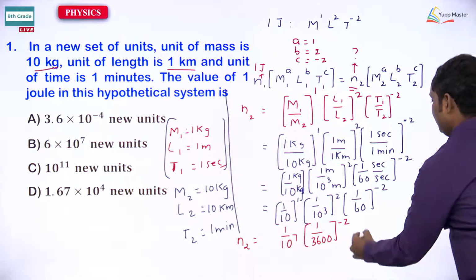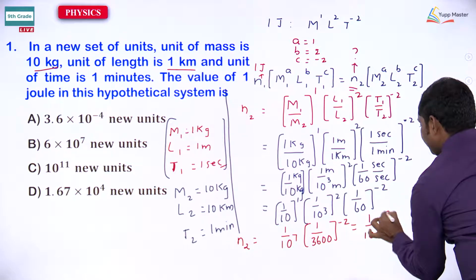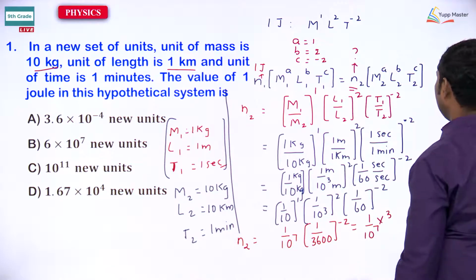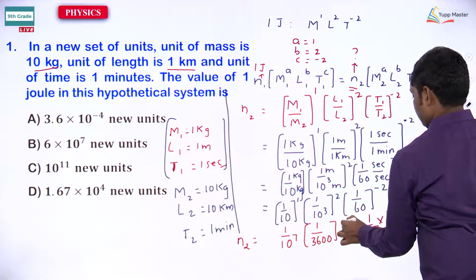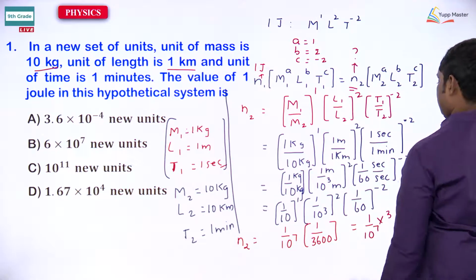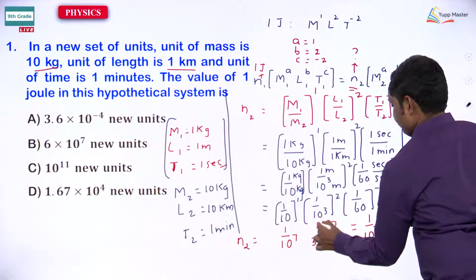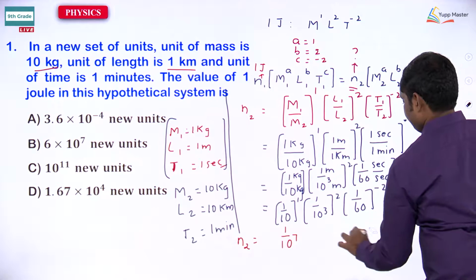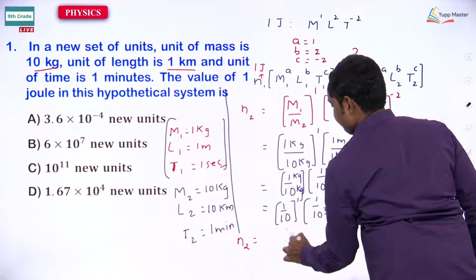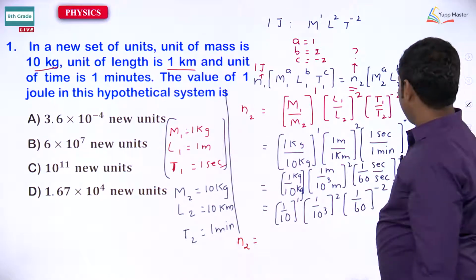Now it is going to be taken as 1 by 10 to the power of 7 into, sorry, yes, we have to get that final expression, it is very easy.